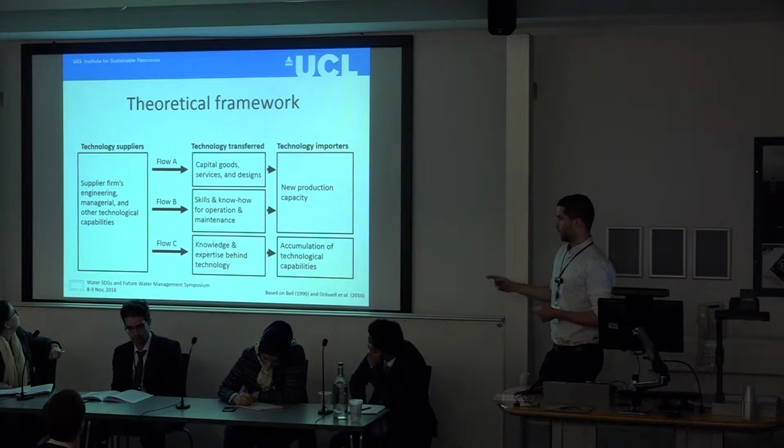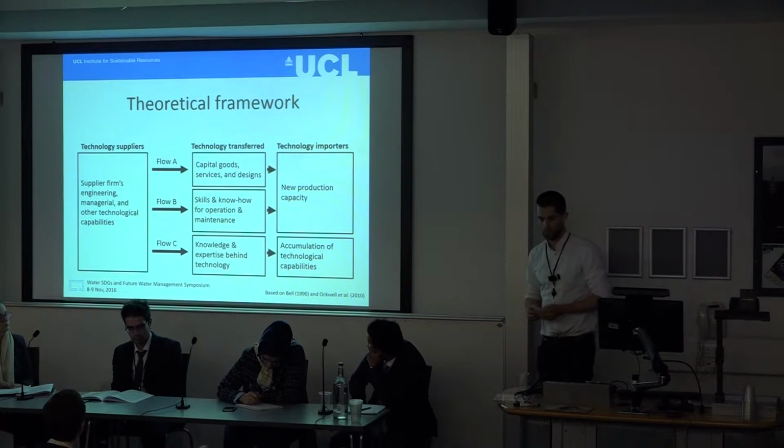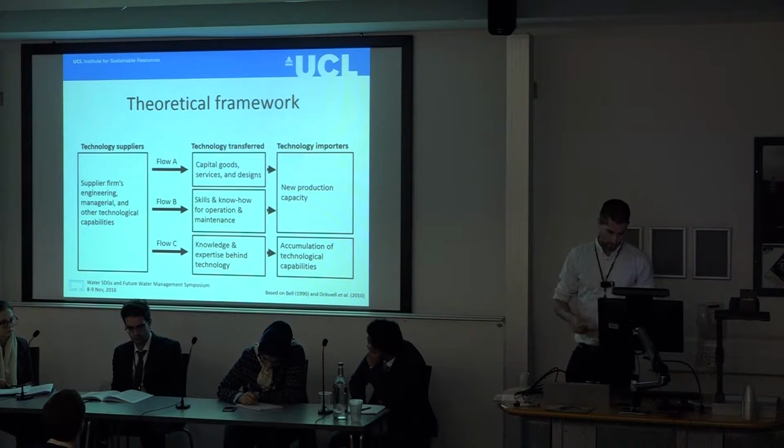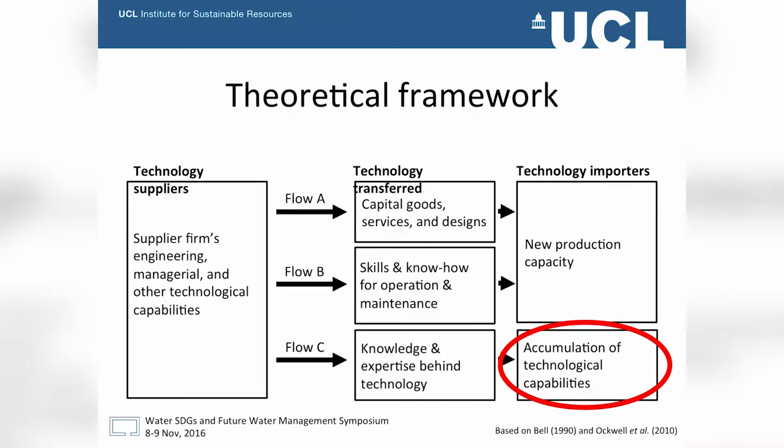Flow type C, on the other hand, consists of the knowledge and expertise behind technology, and transfers of such knowledge lead to the accumulation of so-called technological capabilities. And anybody who is serious about international technology transfer wants this to be transferred to low and middle income countries.